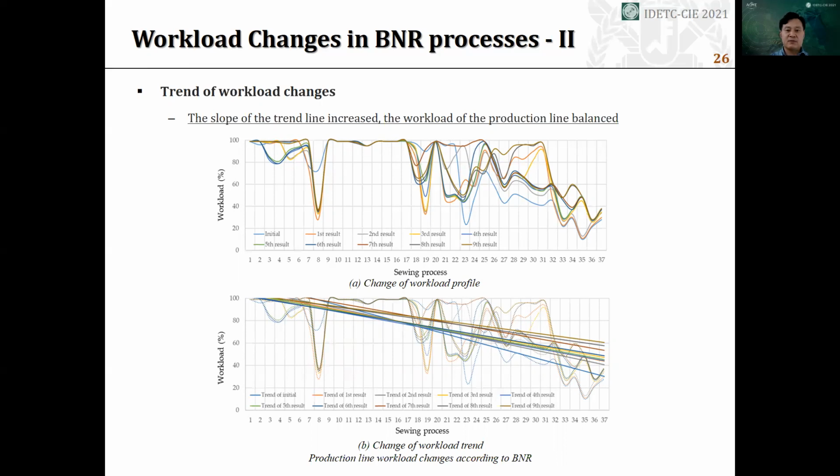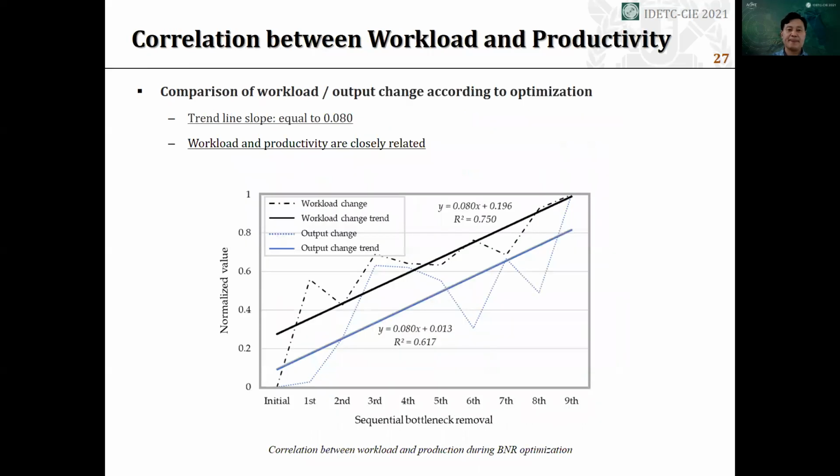The closer the slope of the trend line is to 0, the more the workload of the production line is balanced. As a result of comparing the trend of changes in workload and output, the two trends were almost identical. The result shows that workload and productivity are closely related.